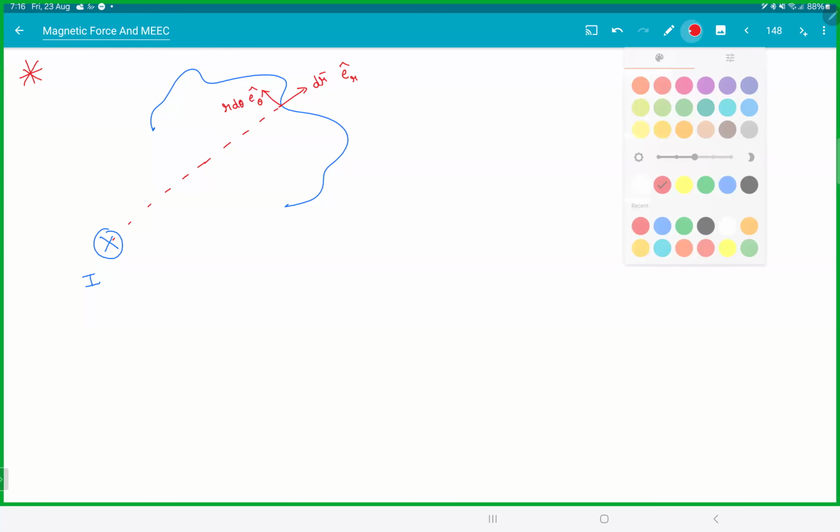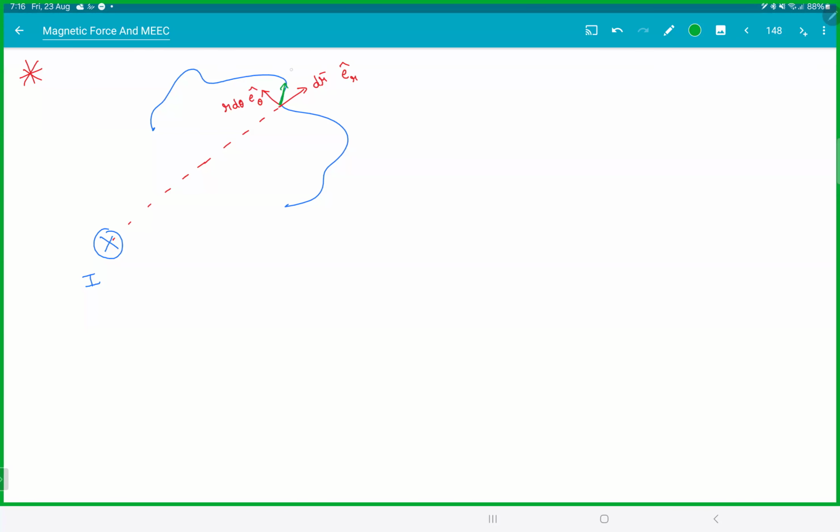Theta cap is the tangential direction, and this would be your dl. So this vector dl bar is given by dr bar, r cap, this is your radial direction, plus r d theta, theta cap. This is your tangential direction.